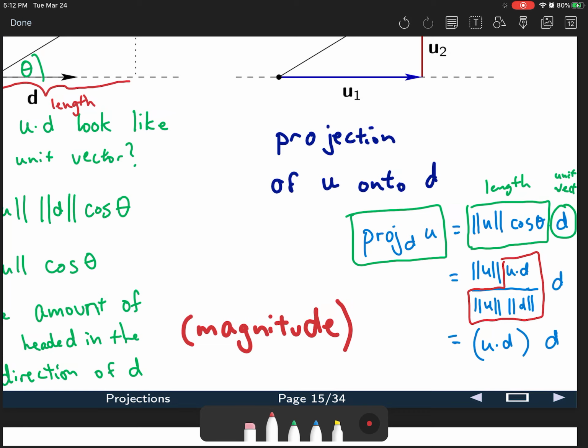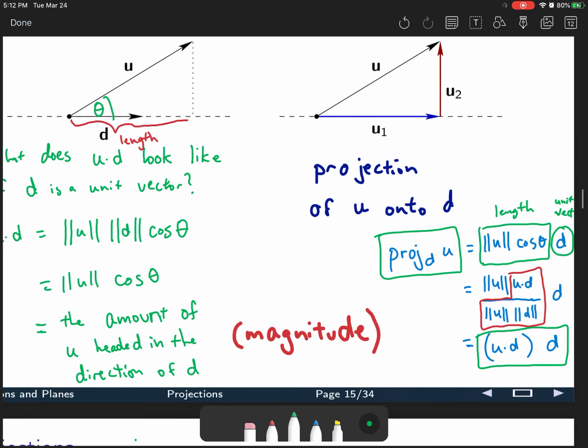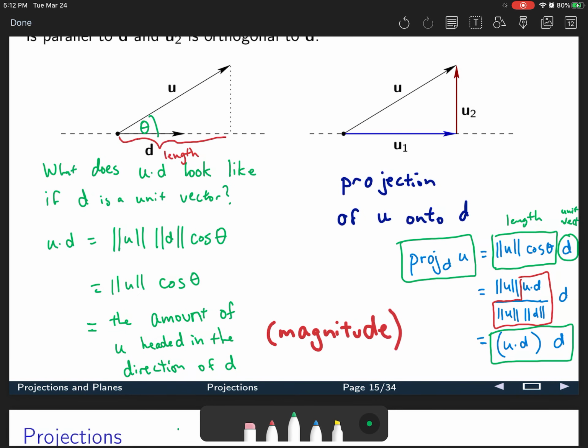And doing a little bit of cancellation, the magnitude of u over the magnitude of u, and the fact that the magnitude of d is just 1, we get this result that the vector u1 is the projection of u onto d, and it's really just the dot product between u and d, if d is a unit vector. It's that dot product to get the length that we want for the length of u1, and then we multiply it times the unit vector so that we get the direction that we want.